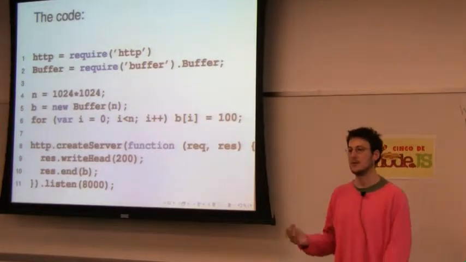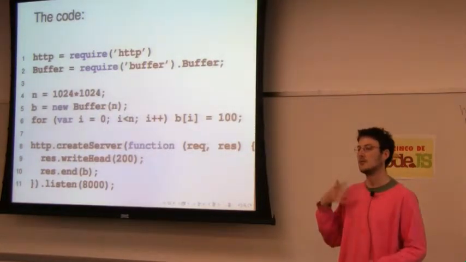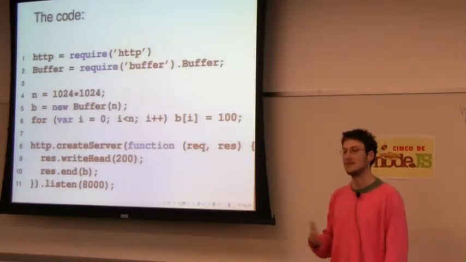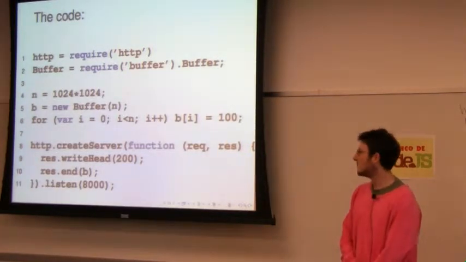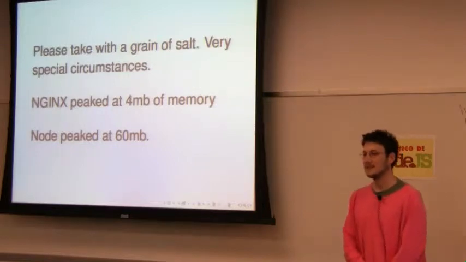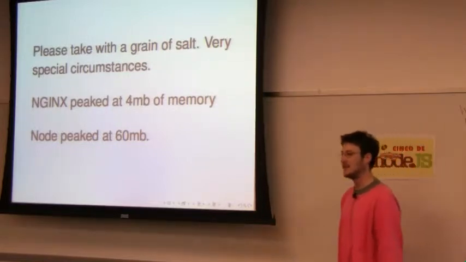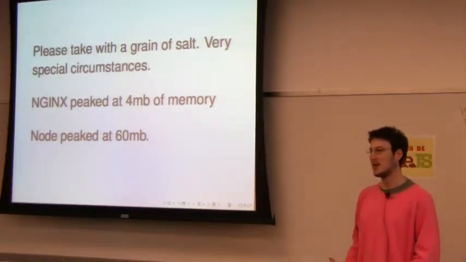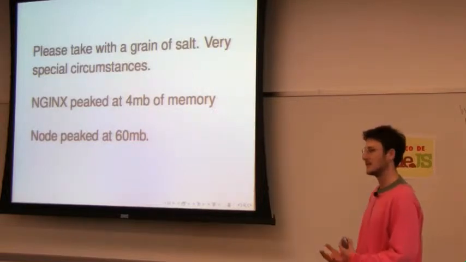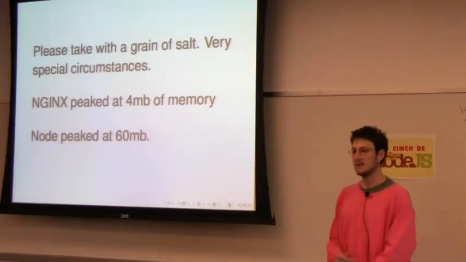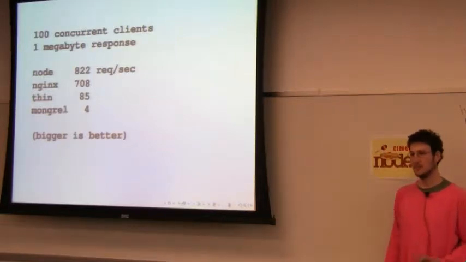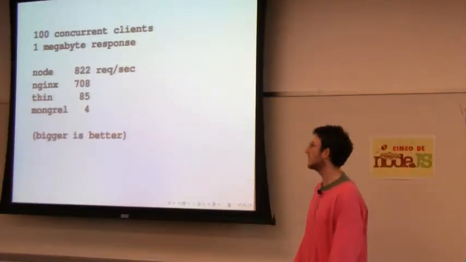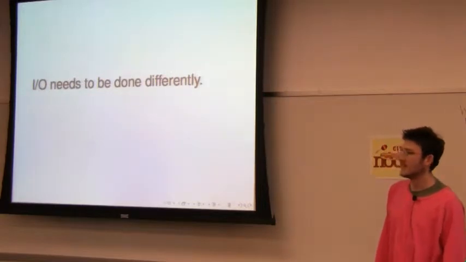Nginx was serving a 1 megabyte file, so it was probably doing some file system polling. There was probably a lot more going on there. But nevertheless, it's nice to see that your web server could possibly be serving static files from memory at a speed that is equivalent to an optimized C web server. OK, so it's kind of fast.